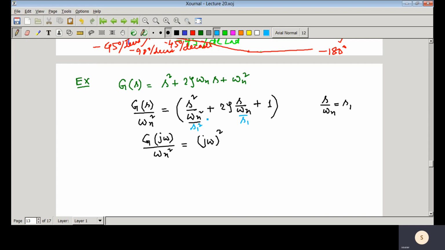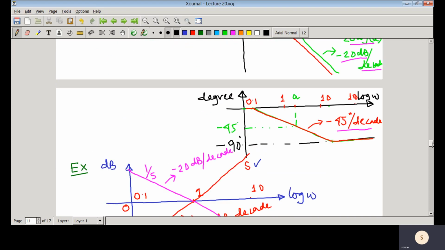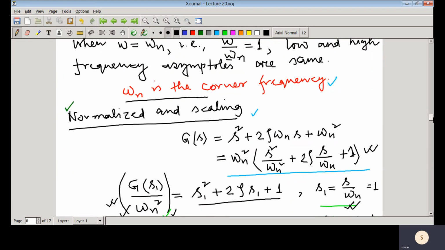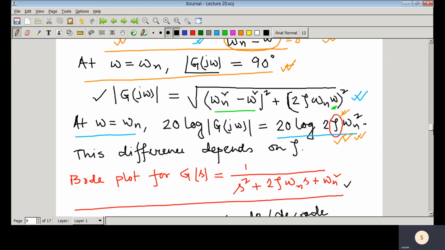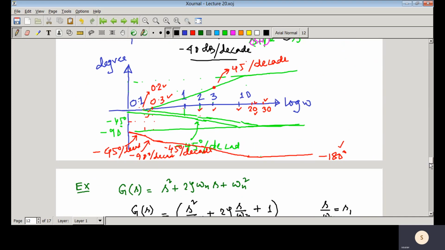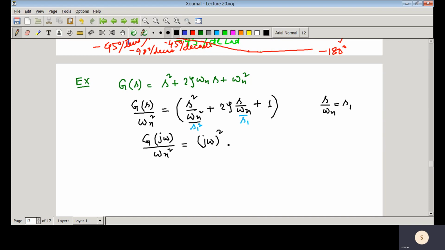In place of s1, I am just replacing j omega, so it would be j omega whole square plus twice zeta j omega plus 1.